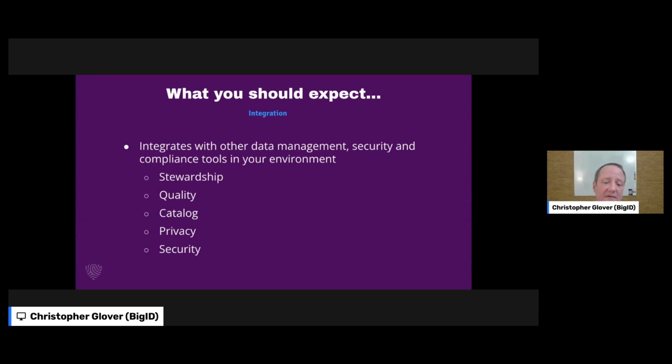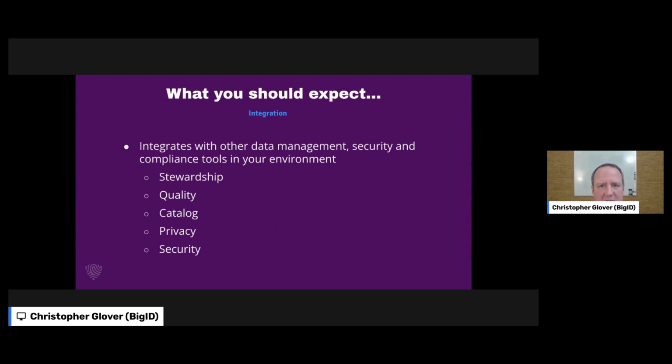And the last thing I would say is look for integration with the other tools in your environment, or the other data management functions in your environment. Stewardship is very important. We've talked a lot about how you can automatically discover lineage. I still think that your goal is going to be around the 70 to 80% range of using machines to detect and describe or document your lineage.